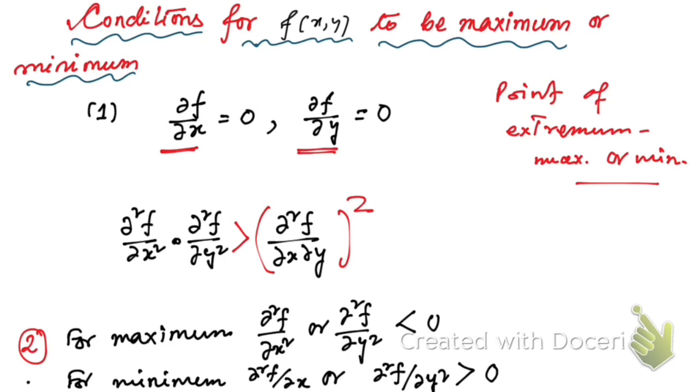If we get a point, we have to check whether that point is a point of maximum or minimum. How do we check that? Once we get the values of x and y, we're going to put those values here. Once you have found the first order derivative, then find the second order derivative of f with respect to x and the second order derivative of f with respect to y.